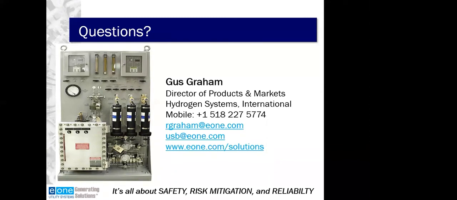Let's see. Can the DHCP be used on generators with vacuum type seal oil systems? So that's not the design of the DHCP because all of the additional features on the DHCP are associated with scavenging style generator.